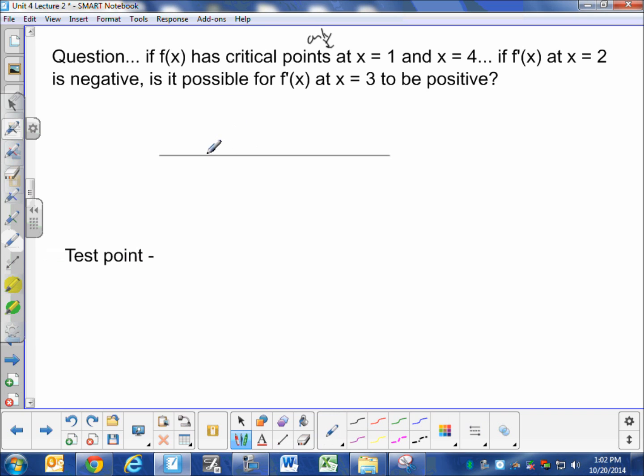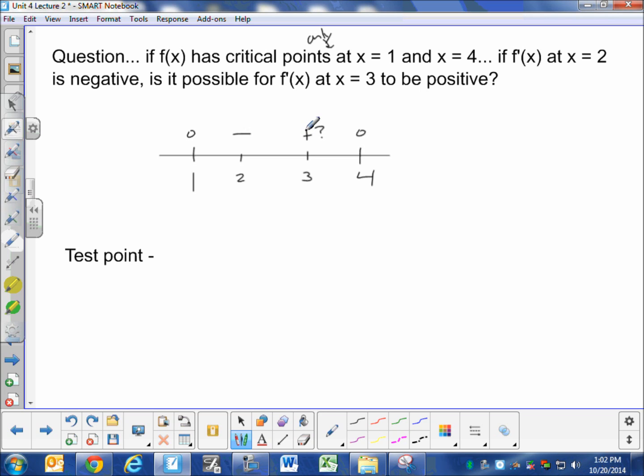So I got critical points at 1 and 4. That means the derivatives are 0 or they're undefined. Let's just assume they're 0. No, f prime of 2 is negative, sorry. The question is, can f prime at 3 be positive?